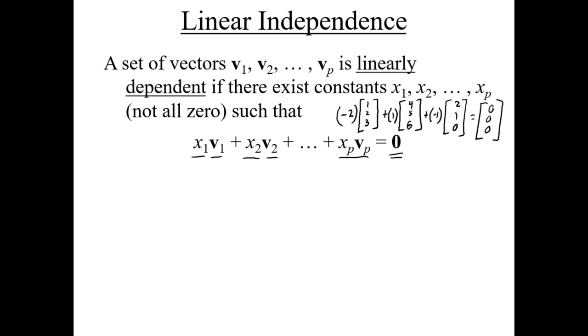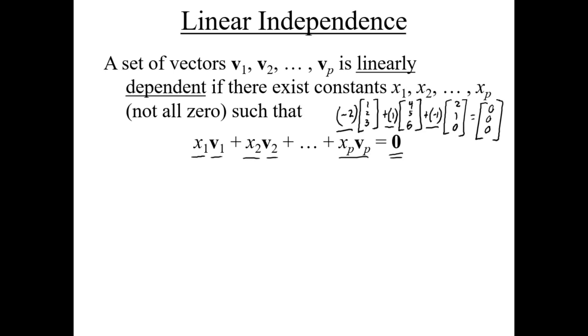So these are linearly dependent because I can find these coefficients such that the combination of those three vectors is the zero vector. Now, it's not always obvious where to find those coefficients, and that's part of the question we're going to be asking today.